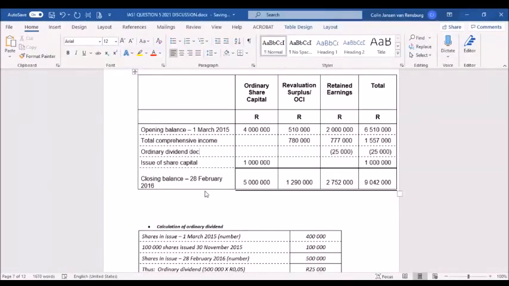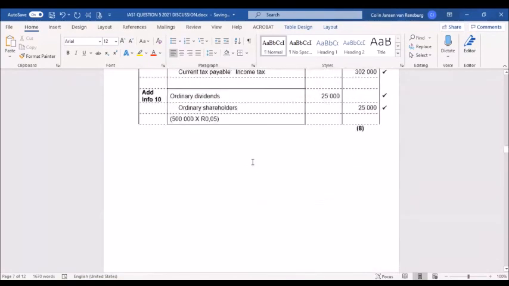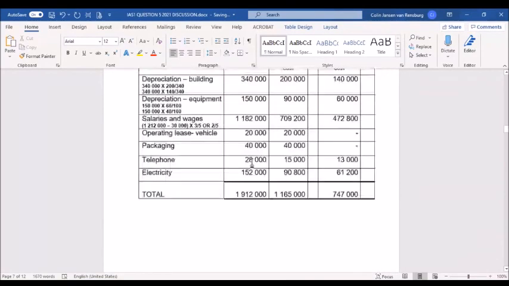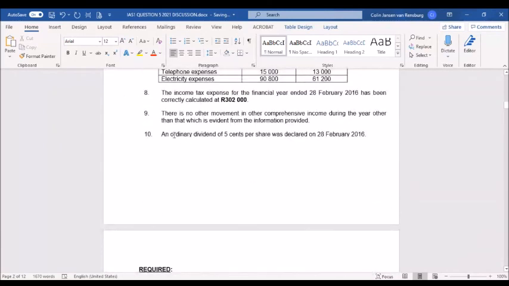Let me rather type it in there, dividends declared. But remember, these dividends were actually declared, so it is not only the first phase where it was recommended, this was the declaration. I think in the question they mentioned the dividends weren't only recommended, they were declared. Let's just have a look there. Yes, there we go. An ordinary dividend of 5 cents per share was declared, right?